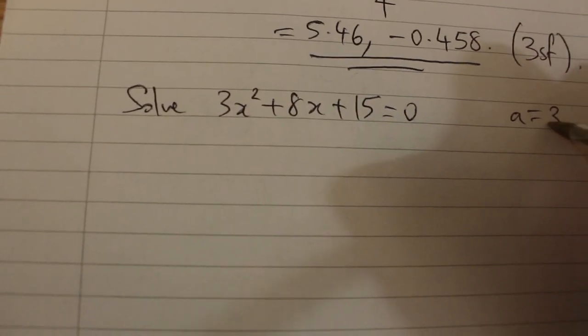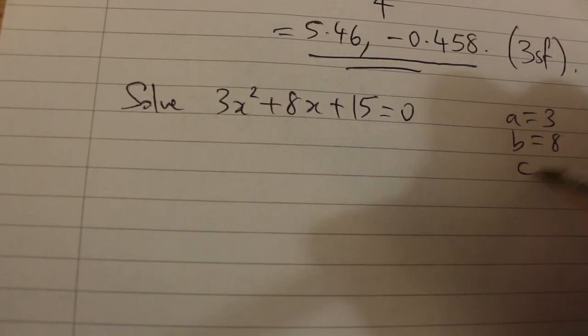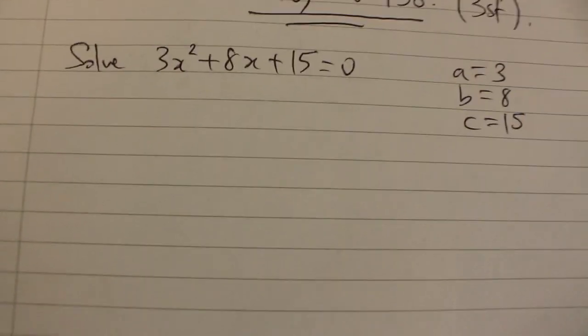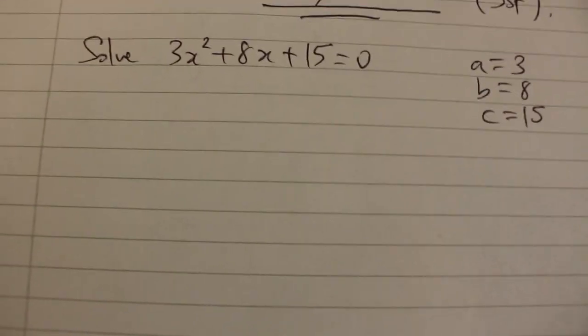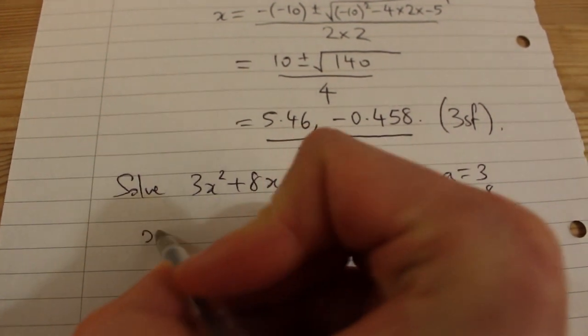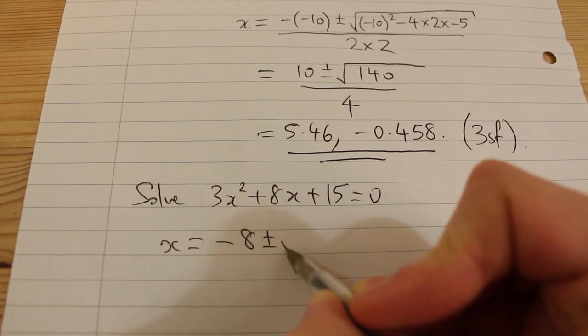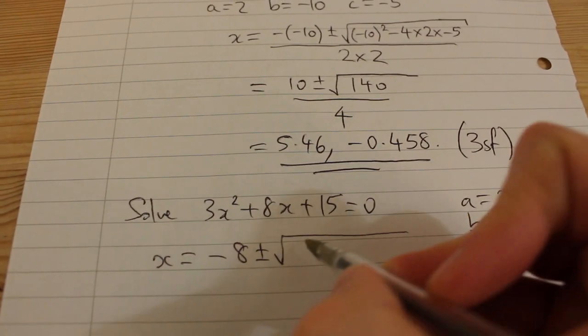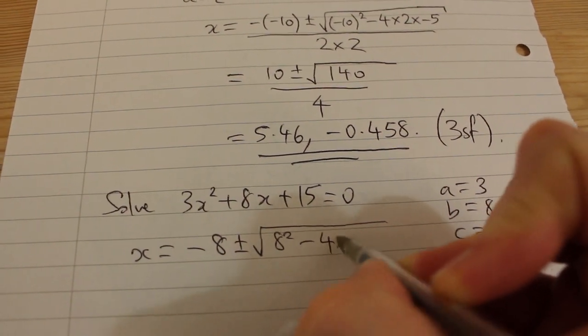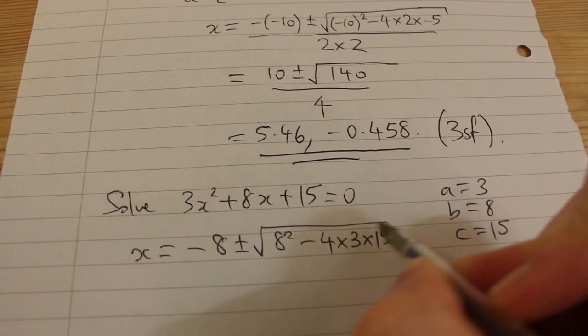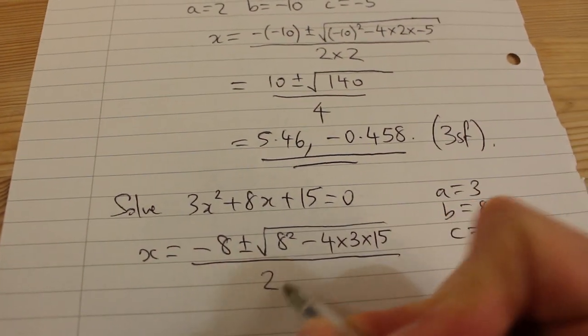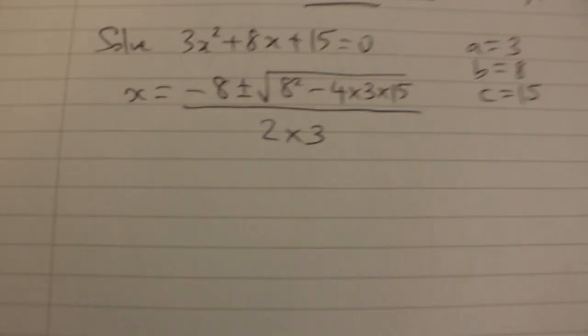Well, a is 3, b is 8, c is 15. That looks good. I can put those 3 numbers into the formula. So x equals minus b, that's minus 8, plus or minus the square root of 8 squared, minus 4 times 3 times 15, all over 2 times 3.